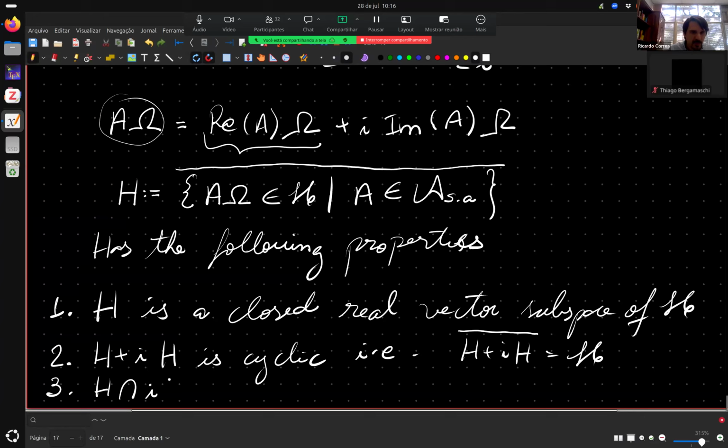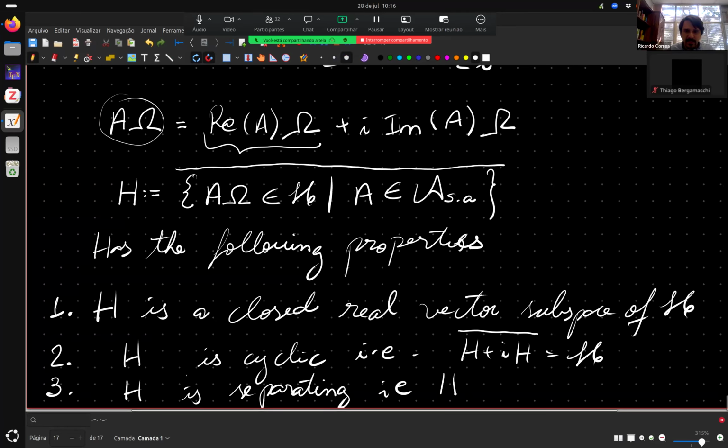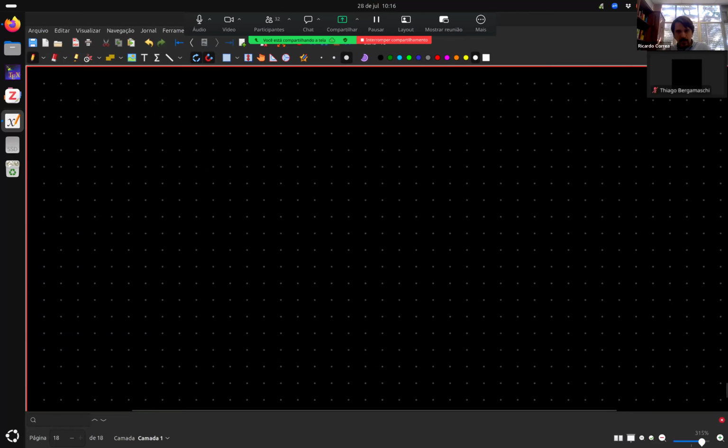If you take H with iH, it's separating, or sorry. So H is cyclic, sorry, meaning this is true, and H is separating, meaning this intersection is just the null vector.